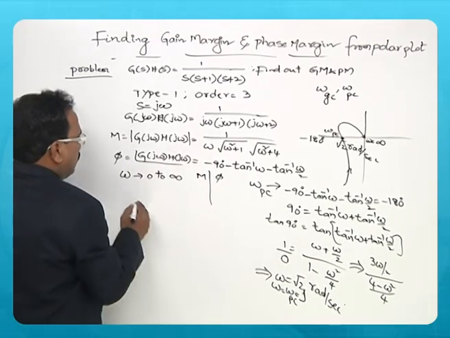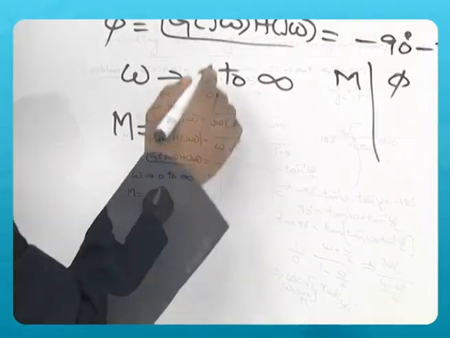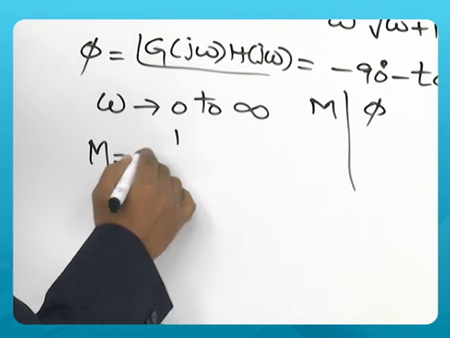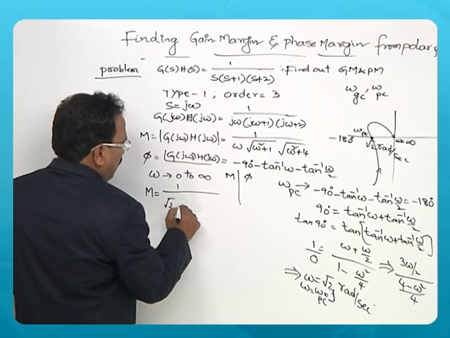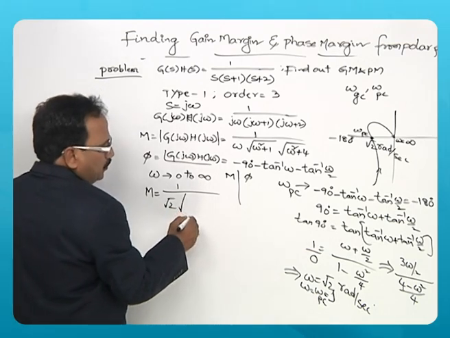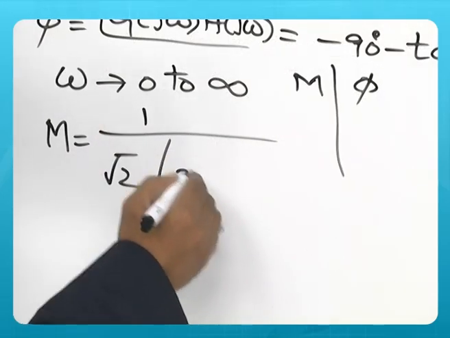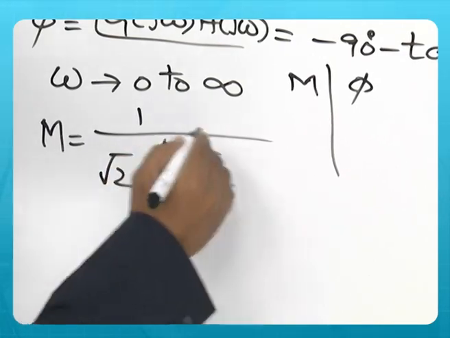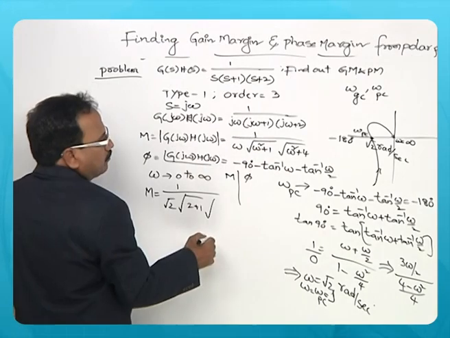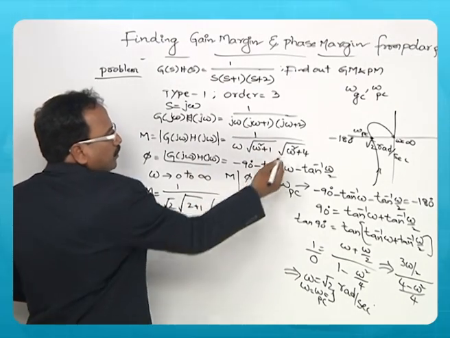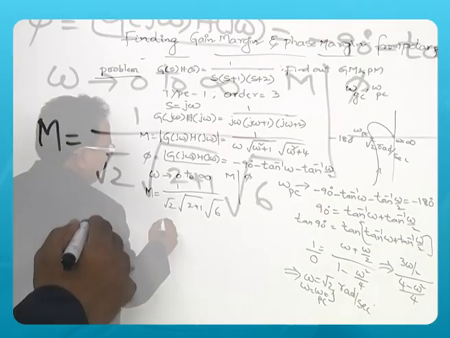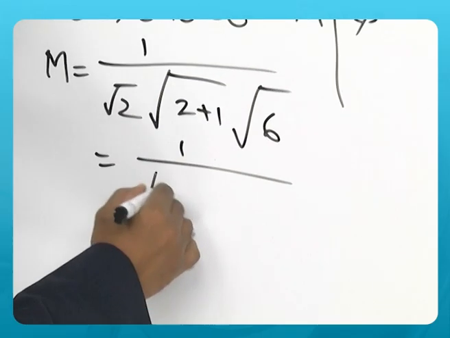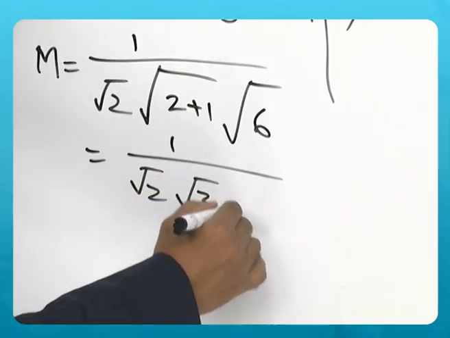So, the magnitude M is equal to 1 by omega, which is root 2, under root of (root 2) whole square, that is 2, plus 1, that is 3, under root of again omega square plus 4, you have 2 plus 4, that is 6. So, you get 1 / (root 2 into root 3 into root 6).